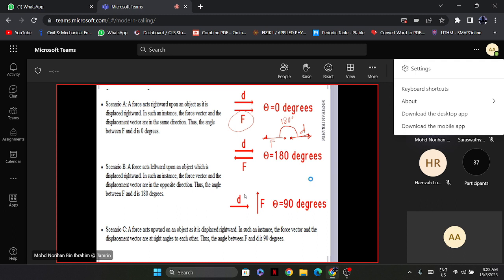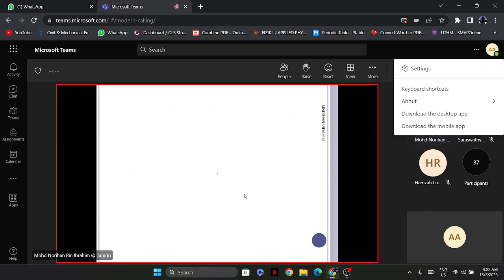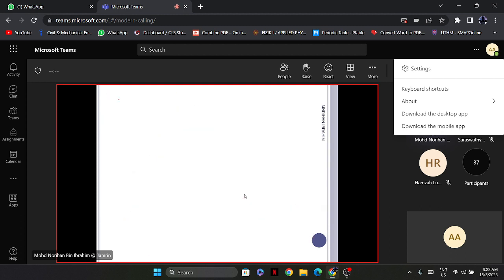Situasi yang sama. Let's say we have this grid, yang kita pertimbangkan for this scenario B. Scenario B tu lebih kepada frictional force sebenarnya. We have a crate or box which is located on this surface.